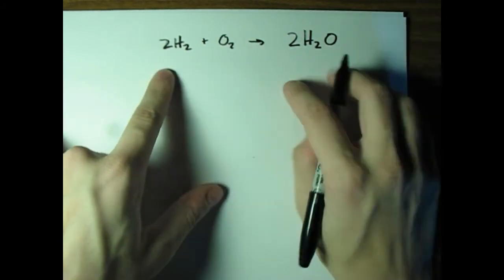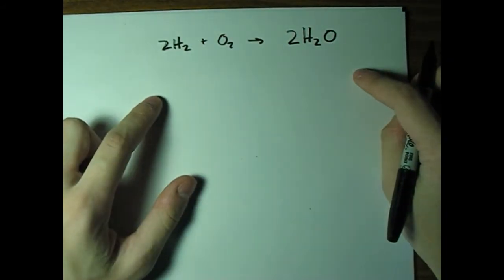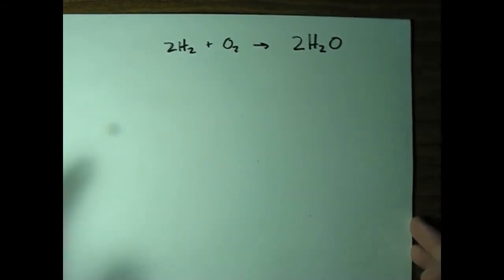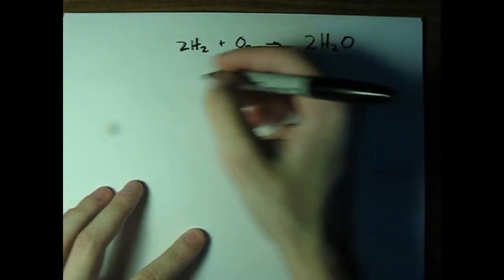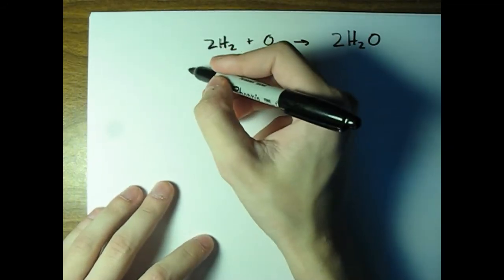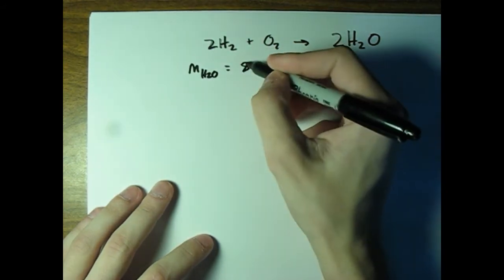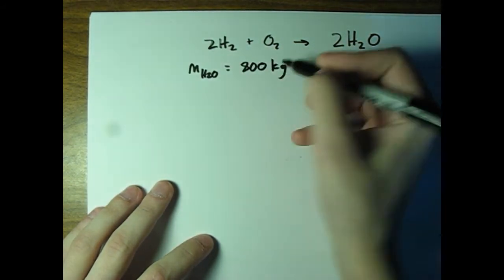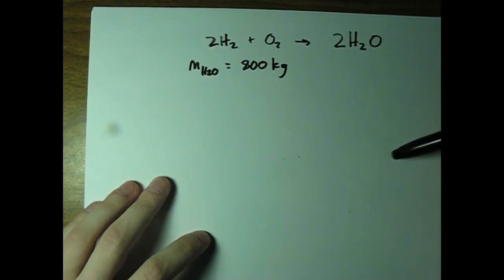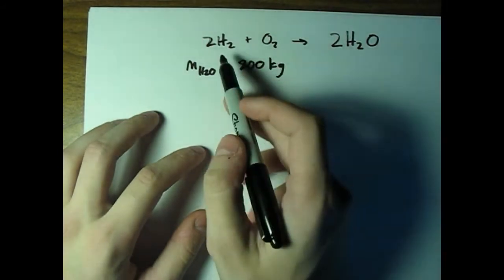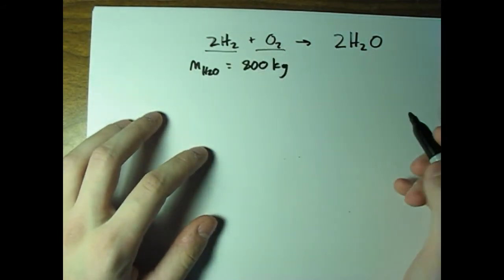Alright, now let's say that we know how much mass of water we're going to get when we fire our rocket. Let's say we know that we'll get mass of the H2O equals 800 kilograms. And let's figure out how much mass of each of our reactants we need to get that.